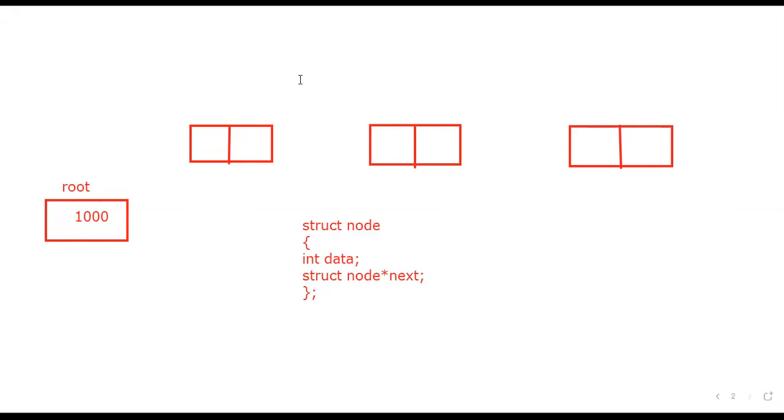Now, see here. From here to here, the link is connected. Now the address is here, 1000.